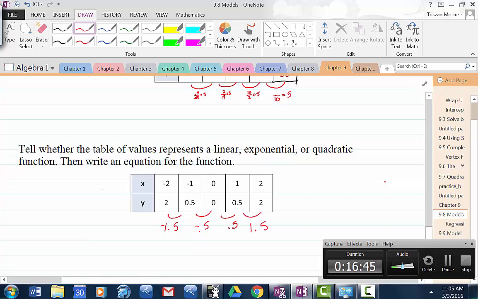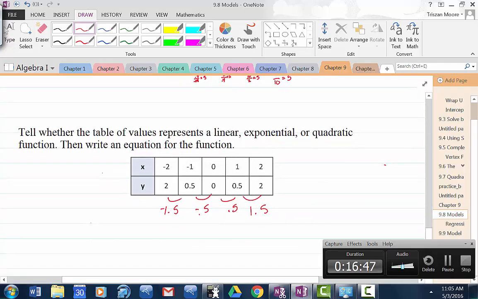Now, that is not linear, but if we go here, the difference between those two, 1. Between those two, 1. Between those two, 1. So this must be quadratic. This is definitely a quadratic function.